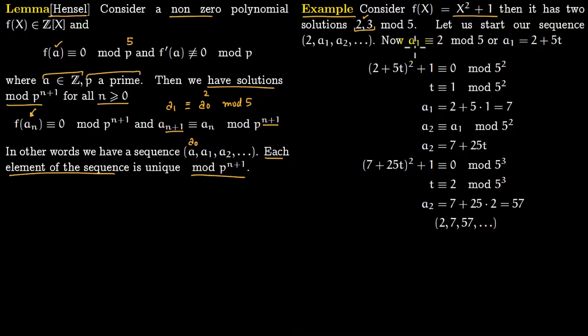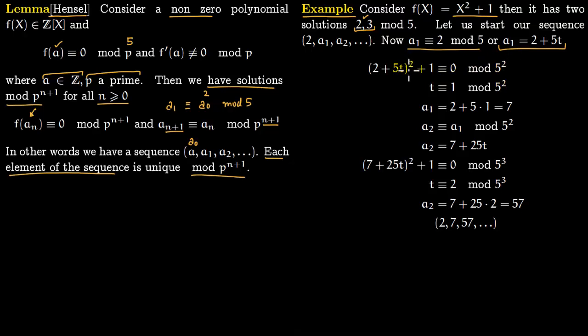What we have written is a_1 is equal to 2 modulo 5, and that essentially means that a_1 is actually equal to 2 plus 5t, because modulo 5 this will become a_1 equal to 2. Now we want to find this a_1 so that it satisfies this equation. Basically we want to solve (2 plus 5t) square plus 1 is equivalent to 0 modulo 5 square.